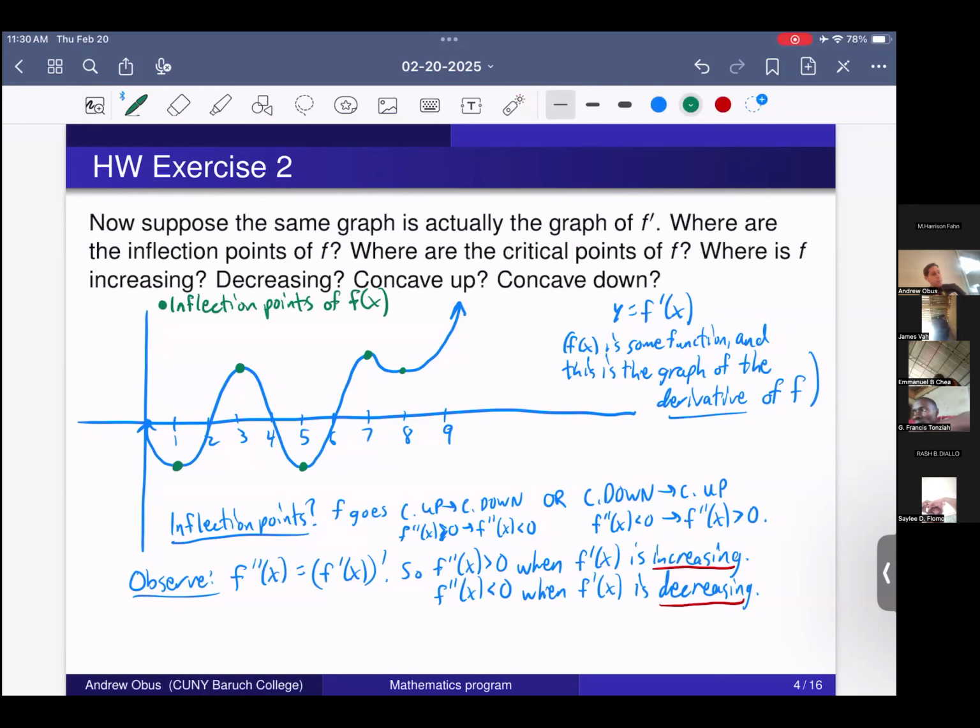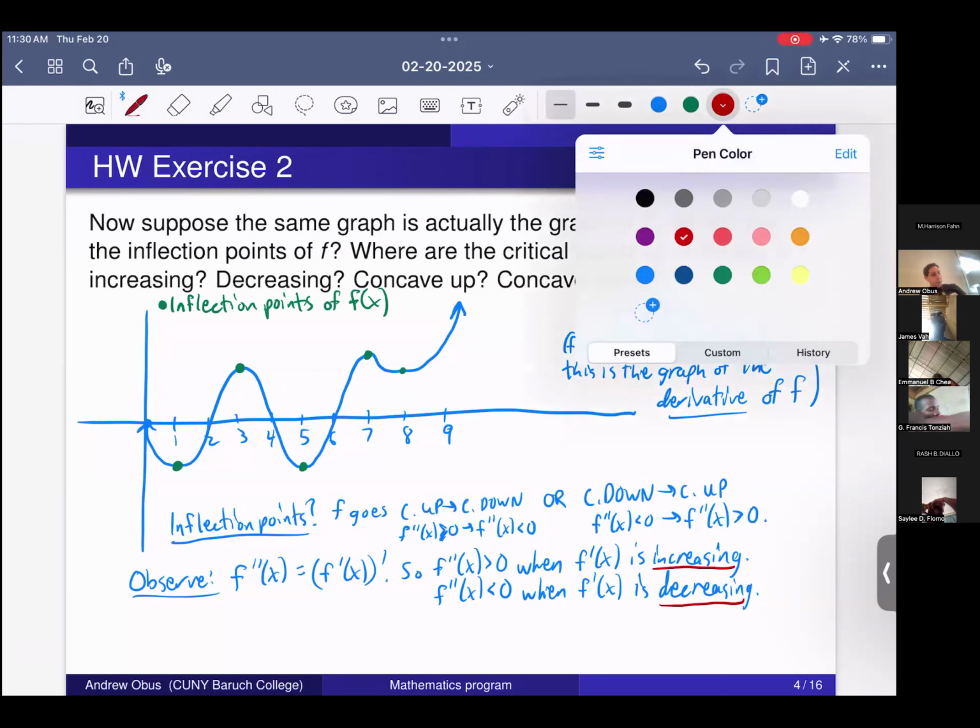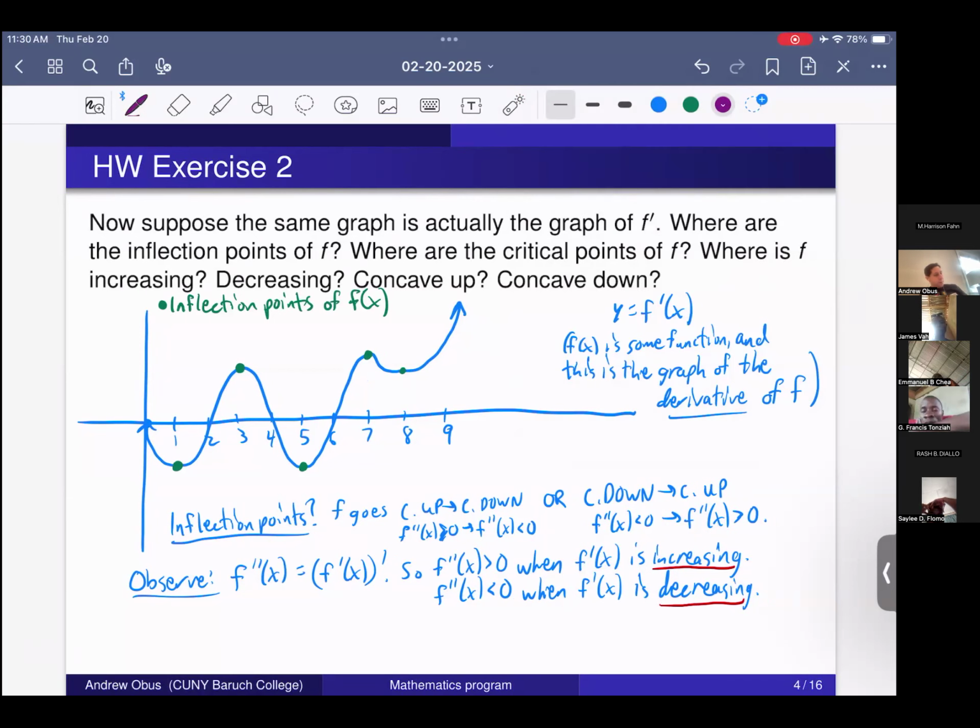Similarly, I can try to label the critical points of f. Maybe I'll do this in purple. Remember, a critical point of f is exactly where the derivative of f is 0.